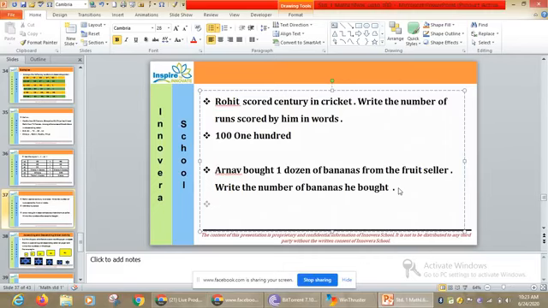One dozen means 12. 1 dozen means 12 bananas, and the name of that is twelve. Yes, 1 dozen means 12 and century means 100.